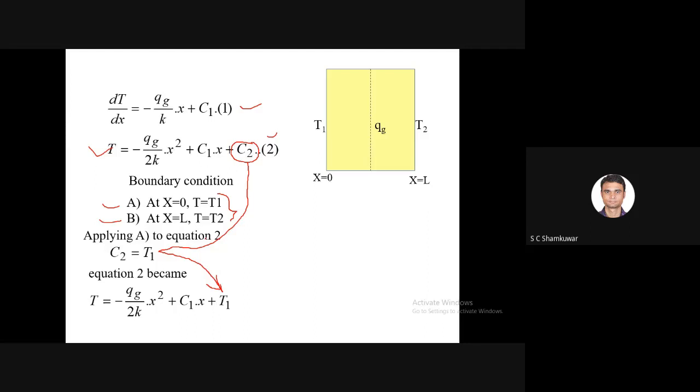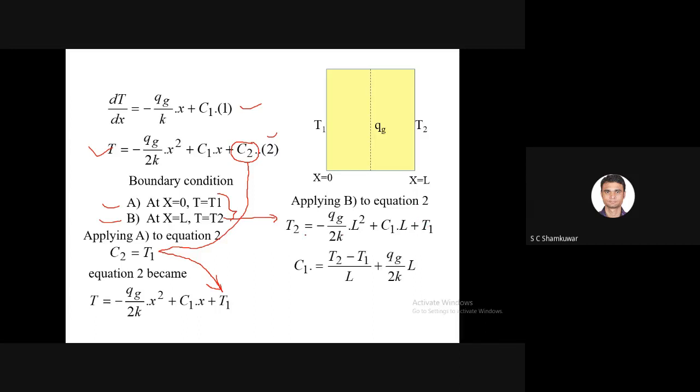In equation 2, C2 is replaced by T1. Then apply boundary condition B to equation 2. What is the boundary condition? x = L, T = T2. So what will you get? T2 = -(qg/2k)L² + C1L + T1.